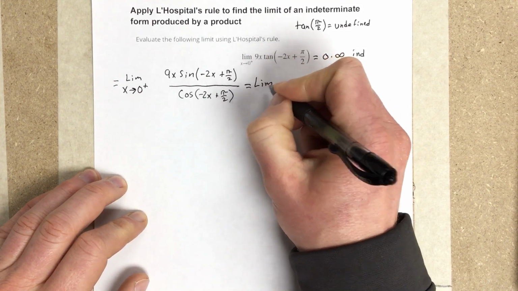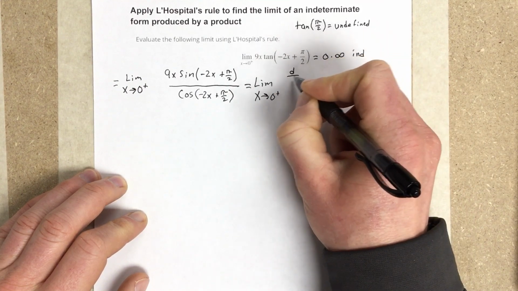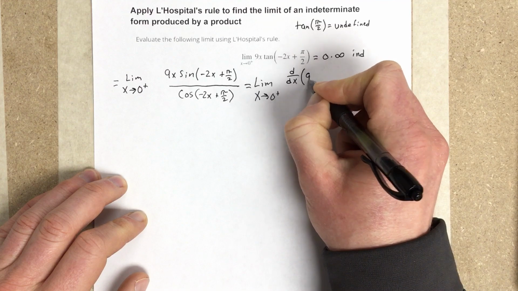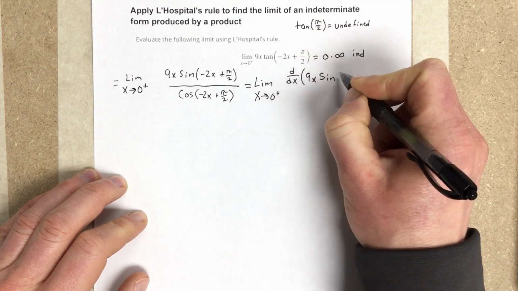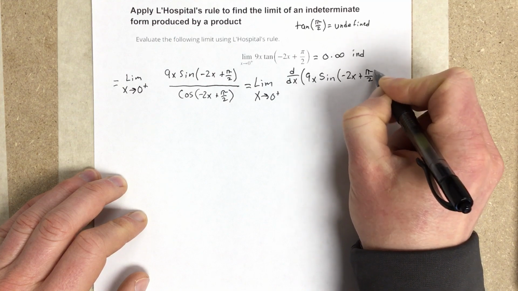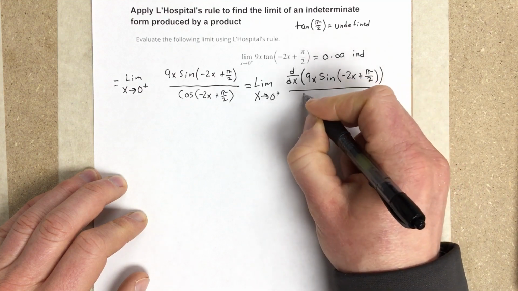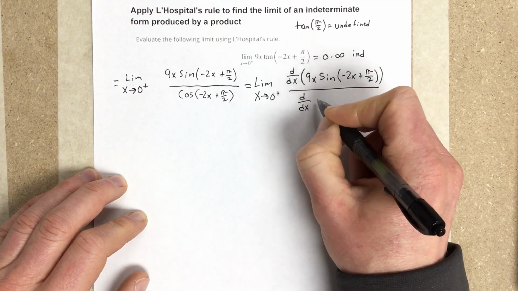Limit as x approaches 0 from the right. We're going to do the derivative of the numerator, and you can see that this is going to be a product rule, over the derivative of the denominator, which is going to be a chain rule.